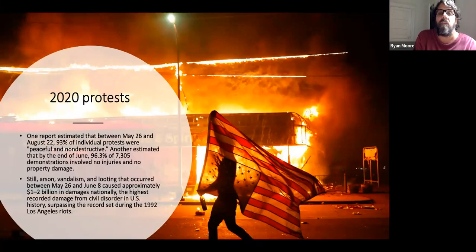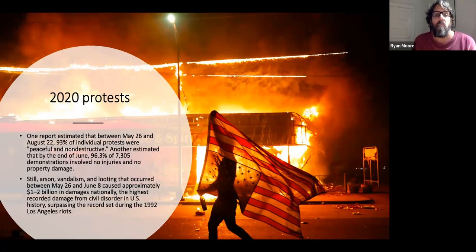There's been a lot said and written and assumed about the violence and damage and destruction of these protests. So I thought it was important to try to get some of the data right about this and clarify things.